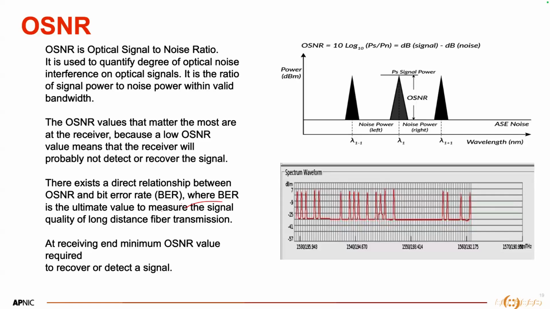All the amplifiers in the network, each and every one of them, will add a little bit of noise in the network. It is a side effect of using amplifiers. You cannot ignore it. They have to be there, right? So you have to design the network in such a way that you are amplifying the signals and also taking care of the OSNR, so that there is a balance in the system.